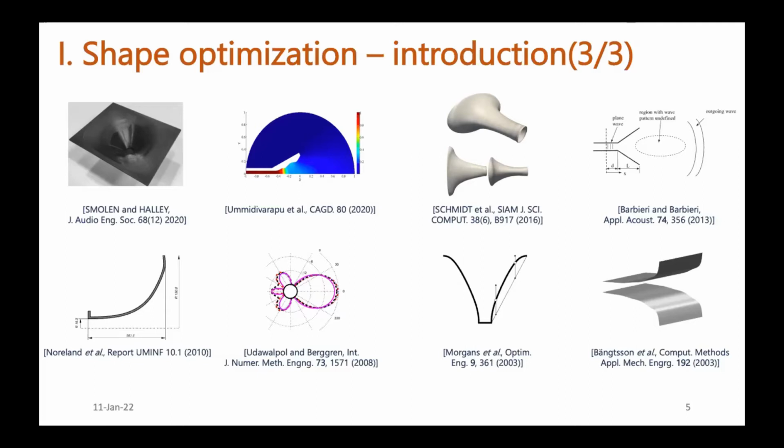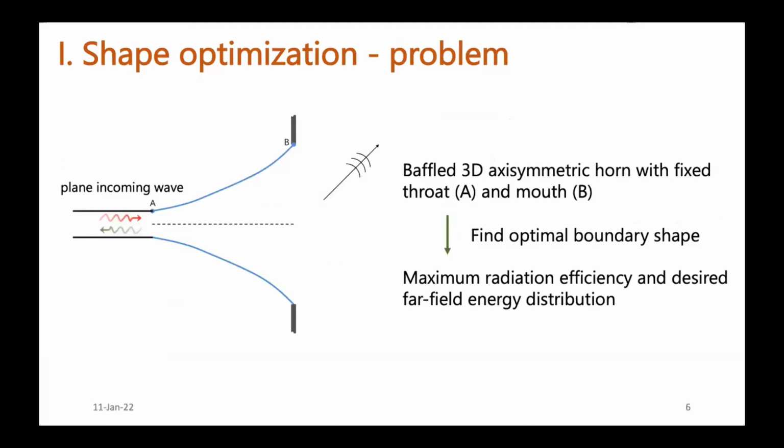And the optimization goals cover the radiation efficiency to the directivity properties. But most of these methods are based on FEM or BEM numerical models, and may have a disadvantage at high frequencies because they need a large number of mesh grids, and the computational cost can be high.